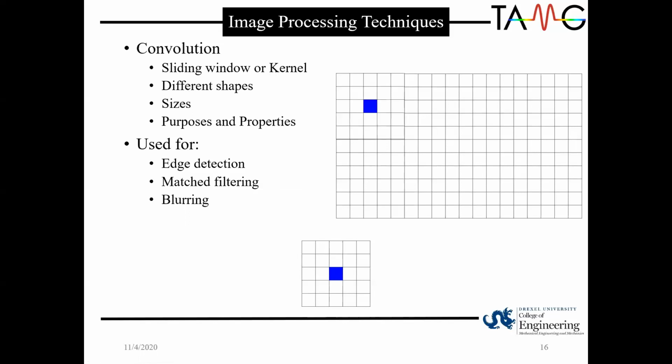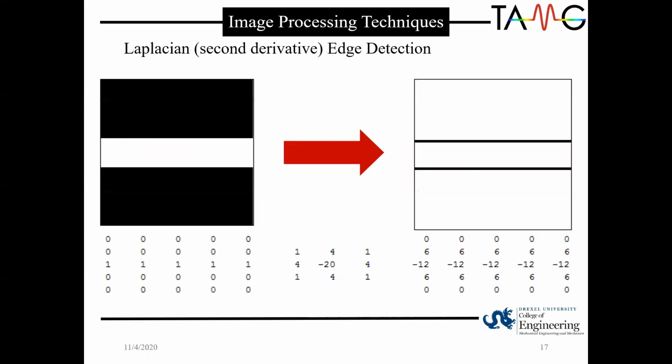In essence, I take that convolutional kernel and pass it across my entire image, and based on the results I can then derive properties of the image itself. One example is the Laplacian second derivative edge detection. If you see this image given over here, which is fairly standard, black, white, black, this is what is represented with this matrix over here, where 0 stands for black and 1 stands for white.